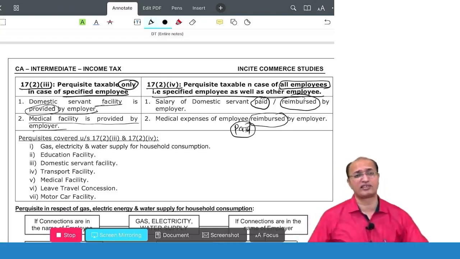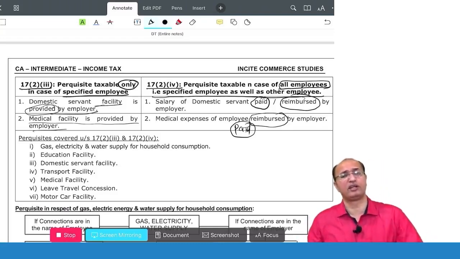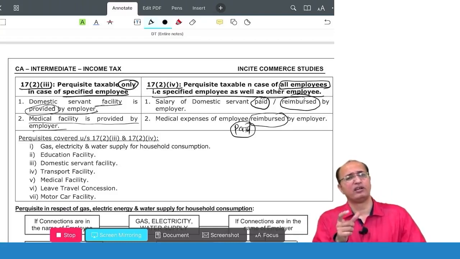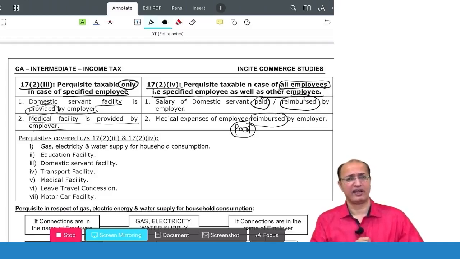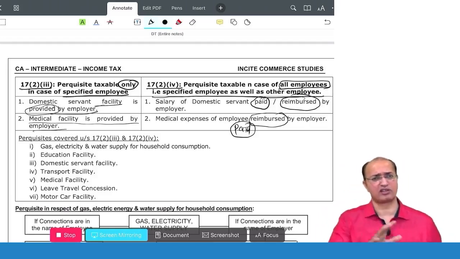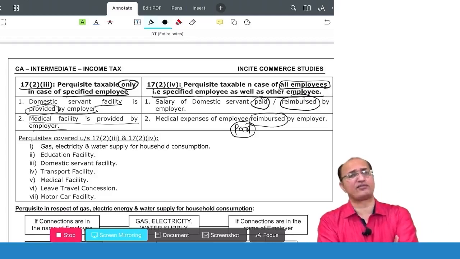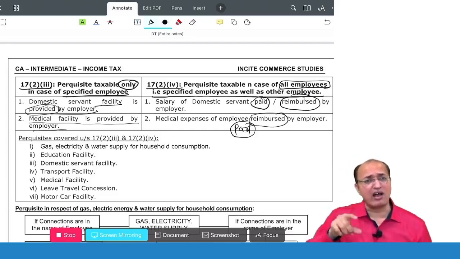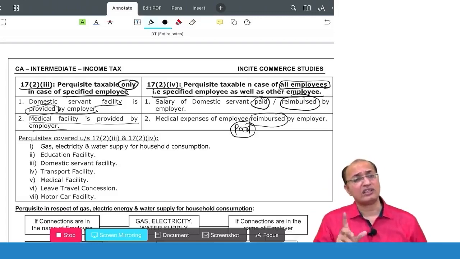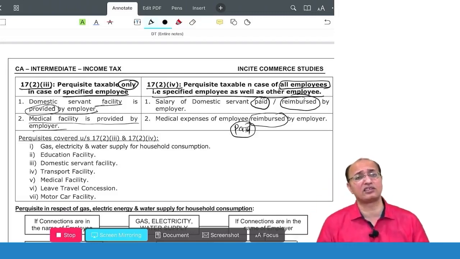Let me give you one more example. Say, for example, the employer has given you accommodation to stay. The employer has provided you an accommodation, that is nothing but a staff quarter. In that accommodation also there will be an electricity connection.